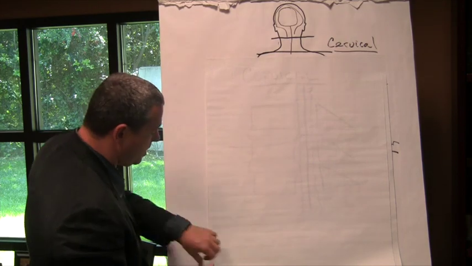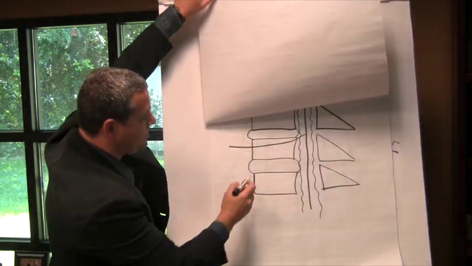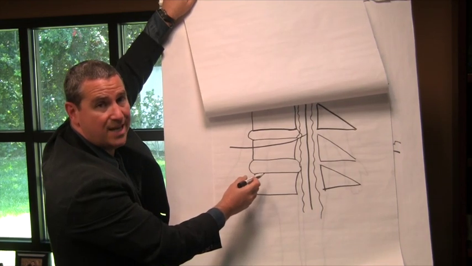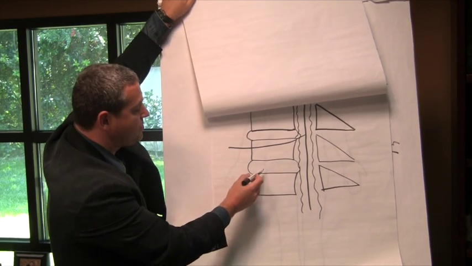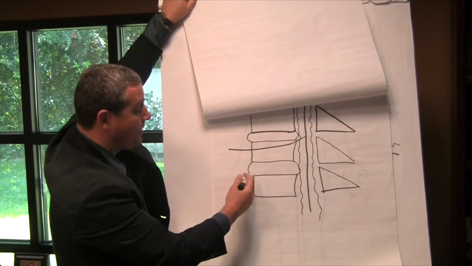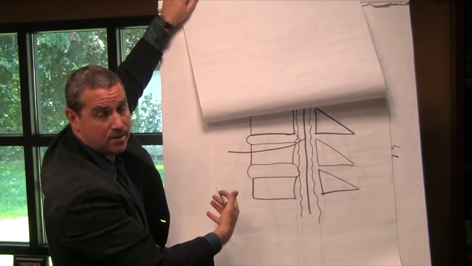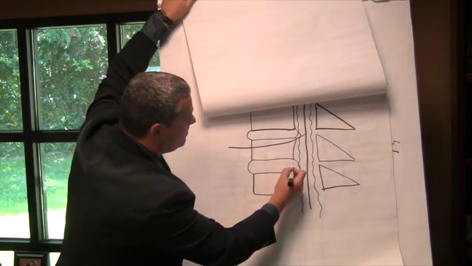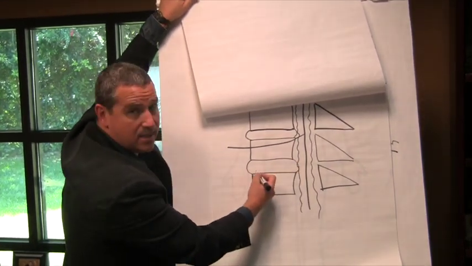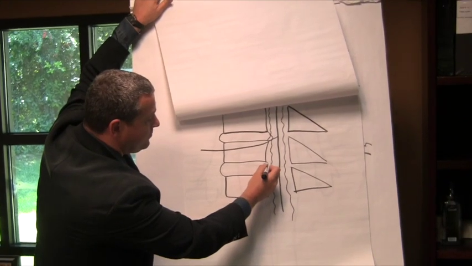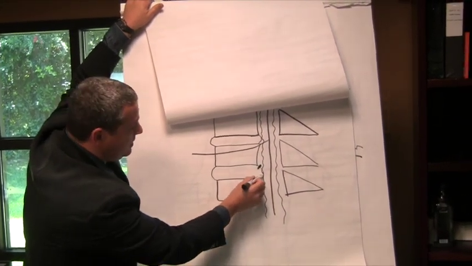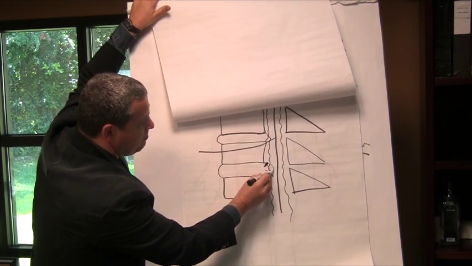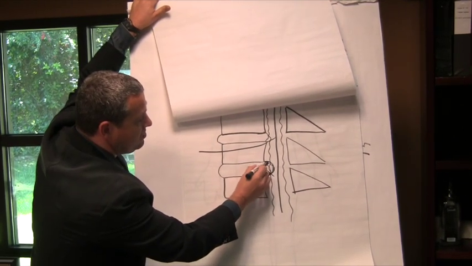You remember a moment ago we talked about these discs. Well, one of the things that we know about these discs is in time, as a result of trauma, an accident, someone's in an automobile accident, or they fall, this soft disc material can rupture, and the coating around the outside of the disc can break, and this disc can bulge out into this space.